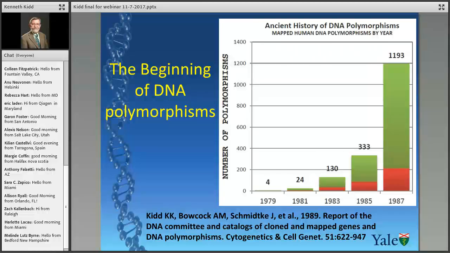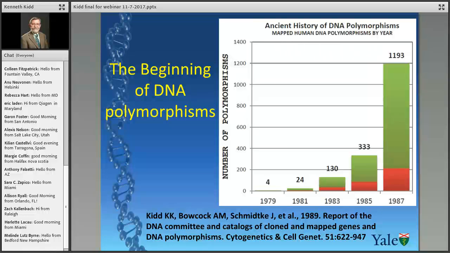And when we summarized the number of mapped and known DNA polymorphisms in '89, going back, there were fewer than 1,200.